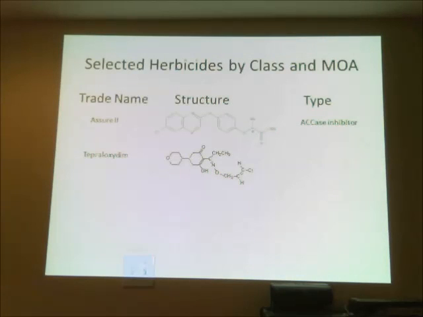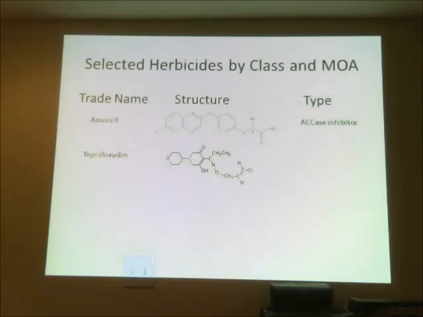And here we're actually seeing some of the chemistry. So these are selected herbicides by class and by mode of action. And a couple, I put down the trade name here, the chemical structure. These are 2 of the ACCase inhibitors.